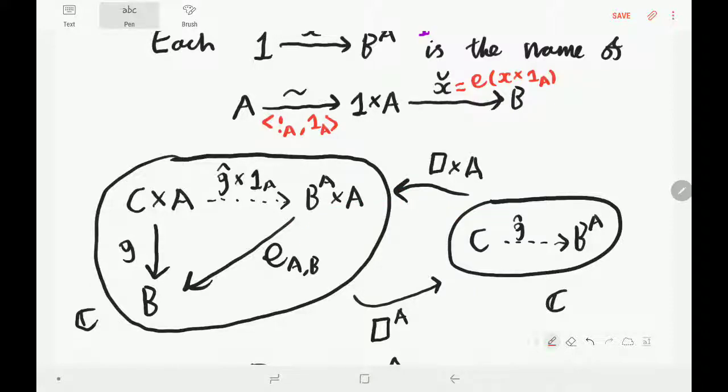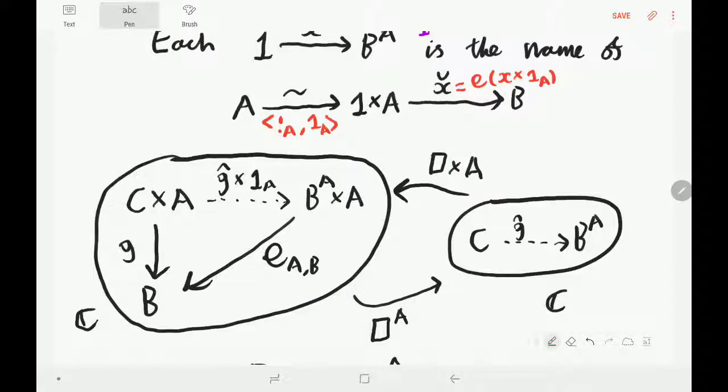And then the right adjoint to that is this functor here, and that's actually our exponentiation functor.